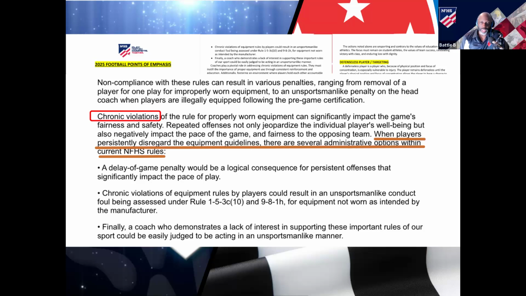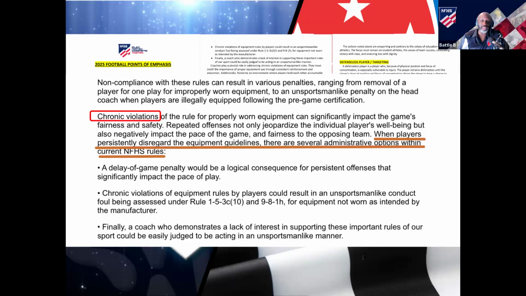The next one is chronic violations of equipment rules by players could result in an unsportsmanlike conduct foul, assessed under Rule 1-5-3c, 10, and 9-8-1h for equipment not worn as intended by the manufacturer. You could go to Rule 9-8-5, where a player failed to obey an official.